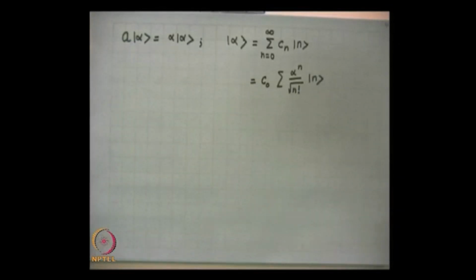Now, this is valid for all alpha. Alpha can be real, alpha can be imaginary, and alpha can be complex. So, all eigenvalues, you can see that alpha can take complex values, and that is because the operator A is not a real operator.